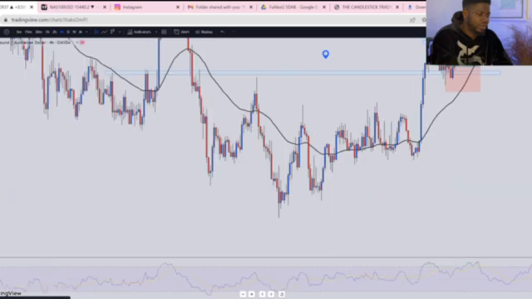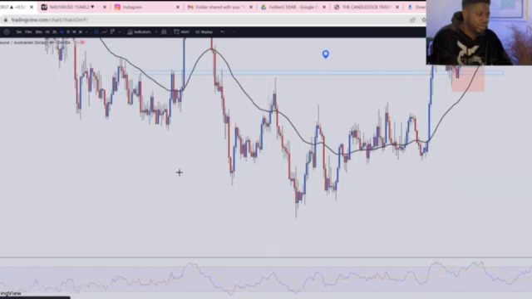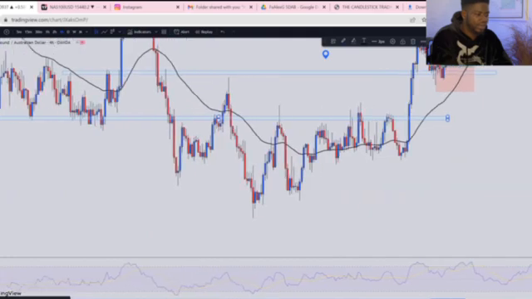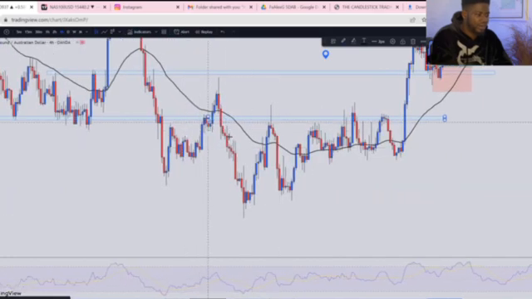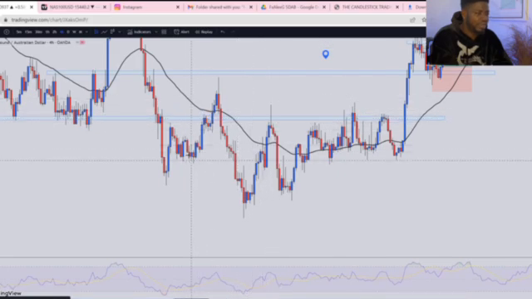So right here, let's mark all this area here. You can see that this is an area of support. Anytime the market is trading below this now, it will be a resistance. So as the market came around this zone, you see, this is always an indication.